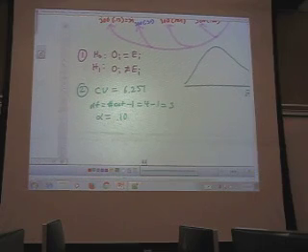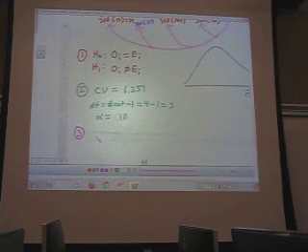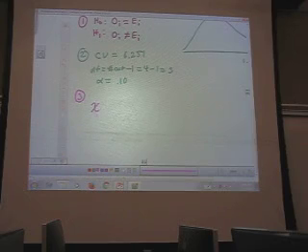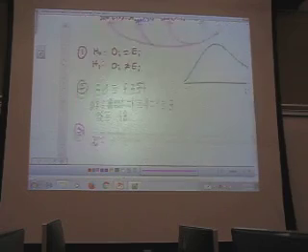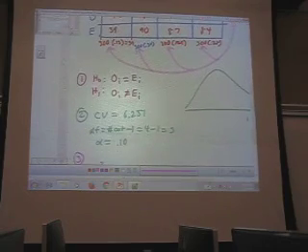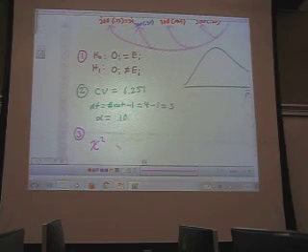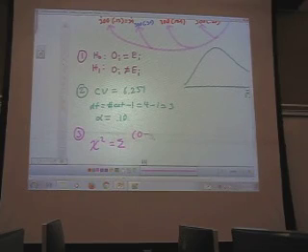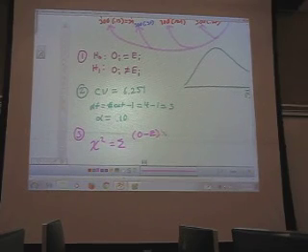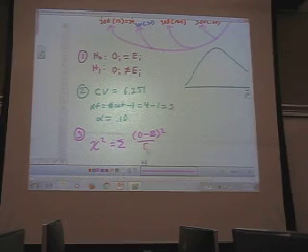Step 3. Find your test stat. So, my chi-squared. You have to write out the formula. It's the sum of all of your O's minus your E's squared divided by their E's.